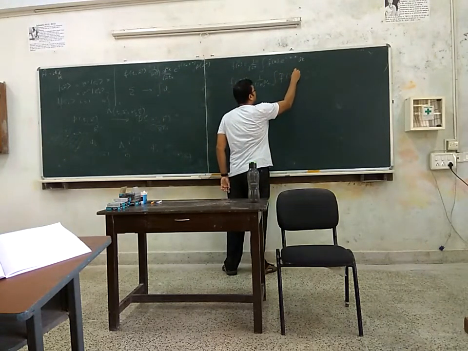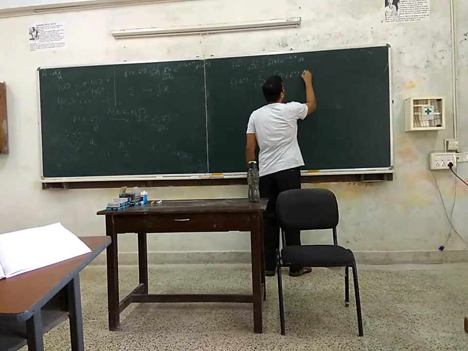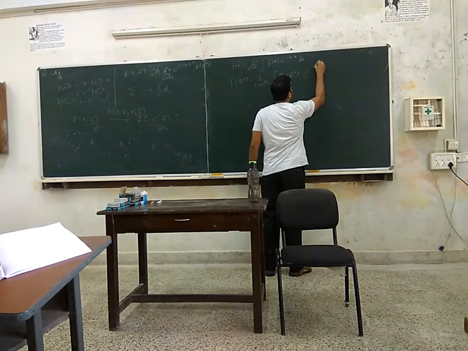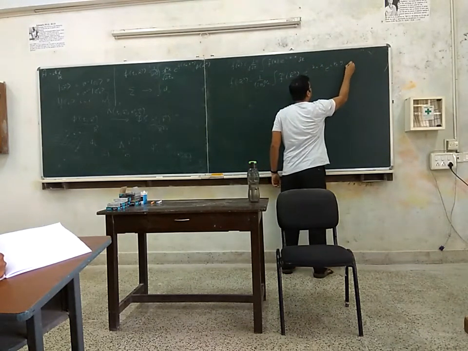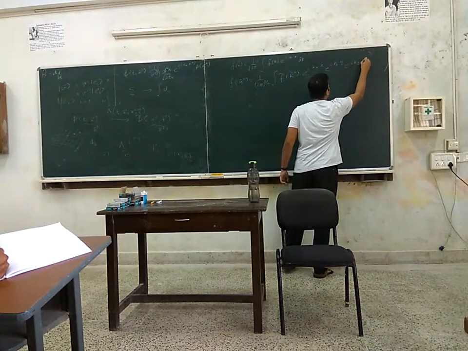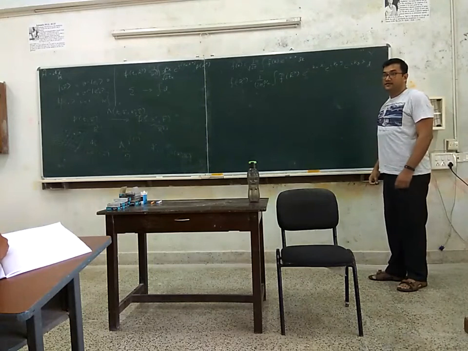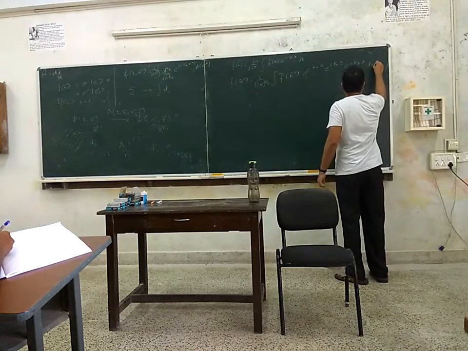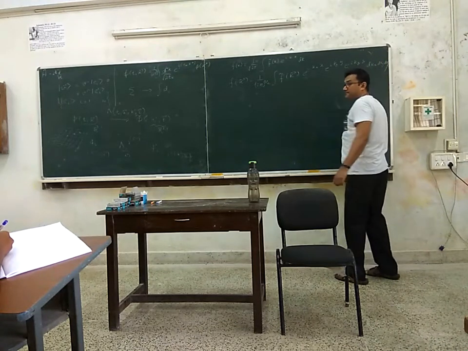F becomes a function of 3 different momenta. This becomes e to the i kx times x, e to the i ky times y, e to the i kz times z. And then you have an integral over kx, ky, kz.